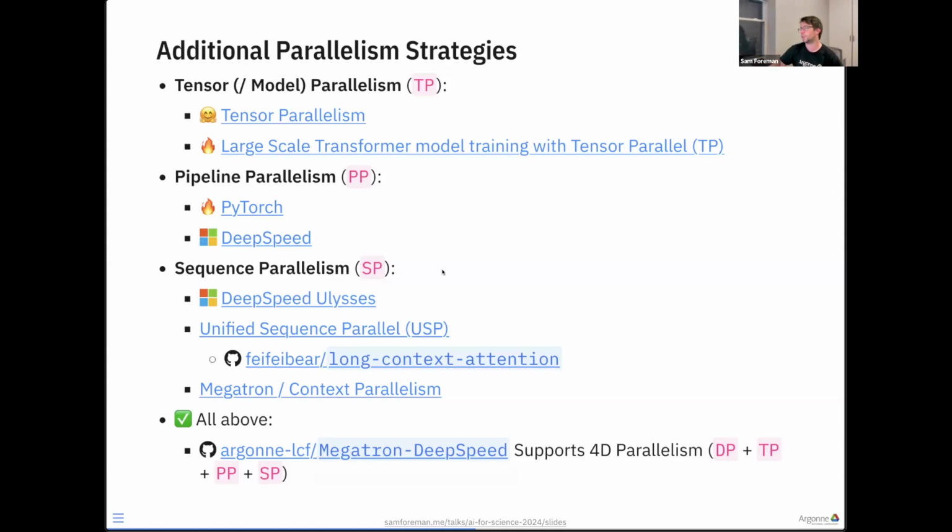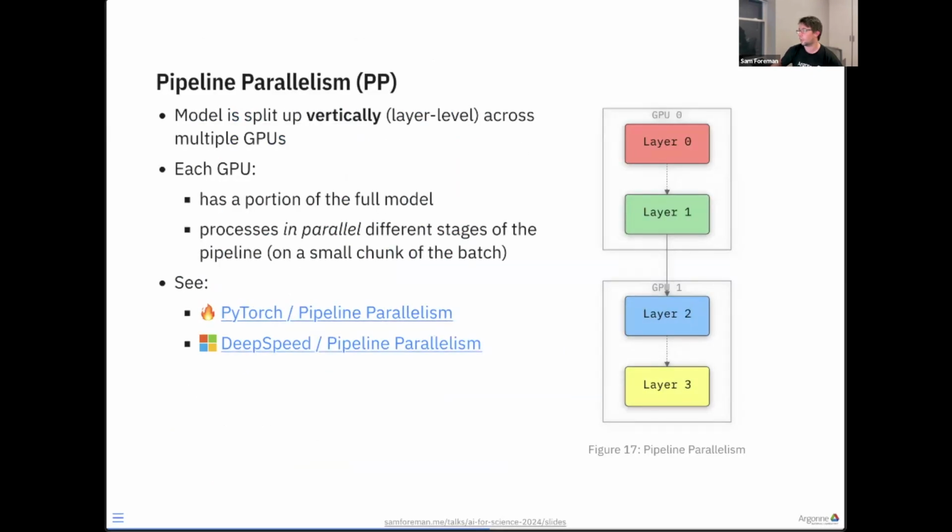So scaling out that context window is a highly desired degree along which to scale, and sequence parallelism is also a very active area of research that usually requires manual implementation. If people are interested in this in more detail, we have this Megatron DeepSpeed repo hosted at Argonne LCF that supports all of these parallelism strategies, and I'd be happy to talk more about that offline.